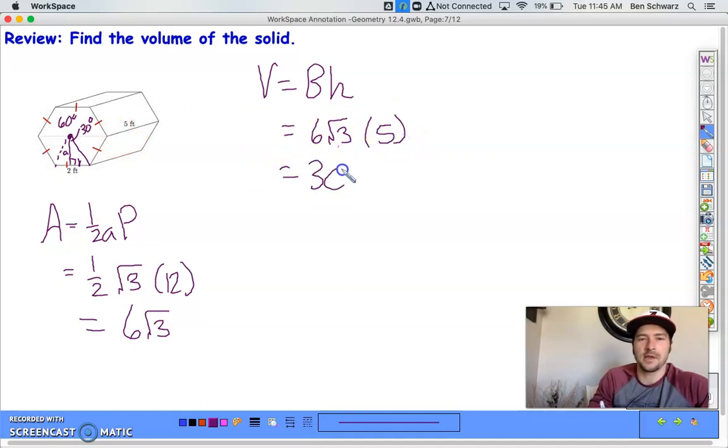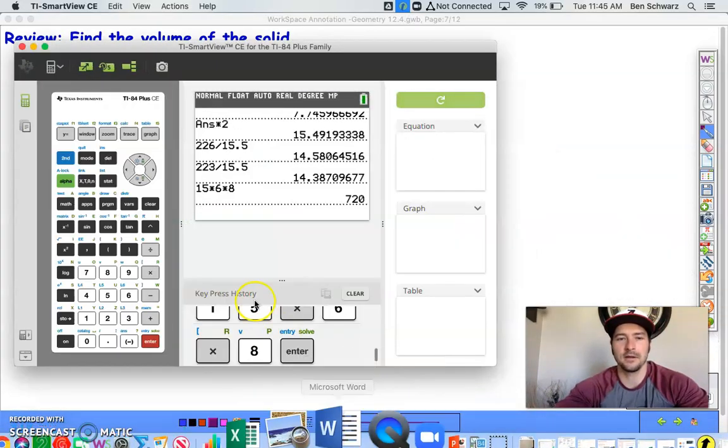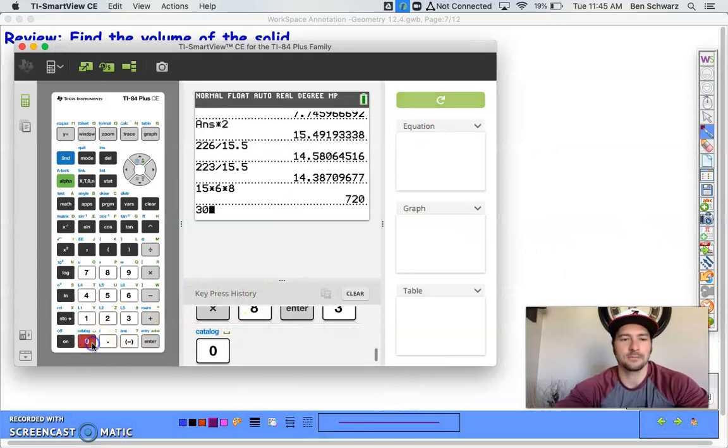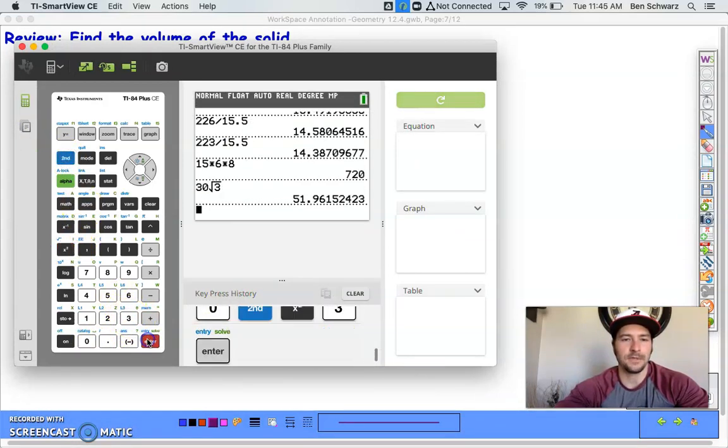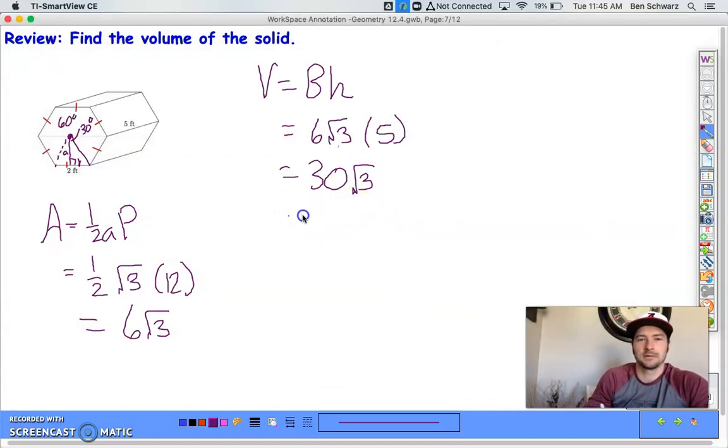So that would be 30 square root 3, which if we want the decimal, we'll plug that into our calculator here. So 30 and square root 3. So decimal is about 51.96 if we go 2 decimal places. And we would be in feet cubed.